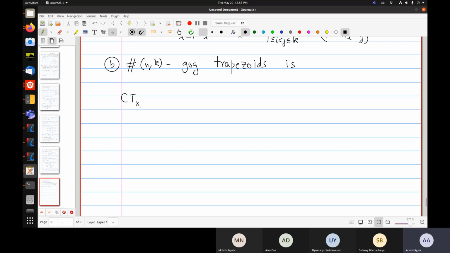This is the constant term again in x1 up to xn, same notation, of (minus 1) to the k, some big function phi_k of x1 up to xn, divided by the product i equals 1 to k of xi to the n, xi bar to the n plus i plus 1.